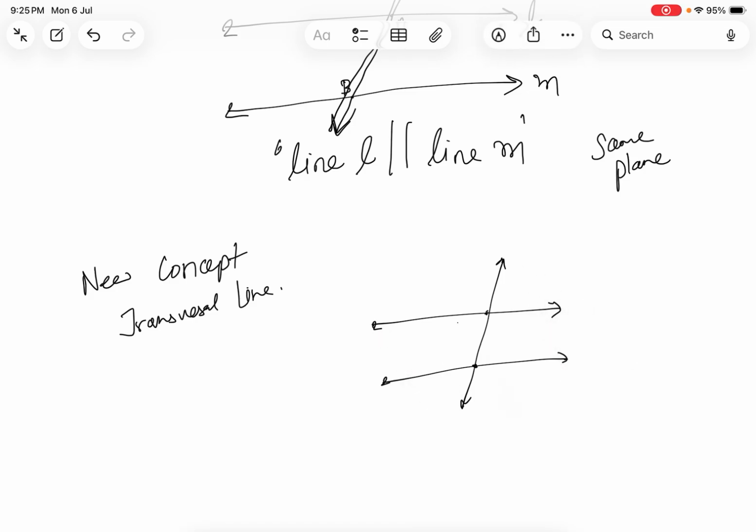So now I can also name these lines PQ and RS, and this line AB, meeting at say X and Y. So line AB is transversal to line PQ and line RS. When you draw a transversal, you can identify different types of angles.